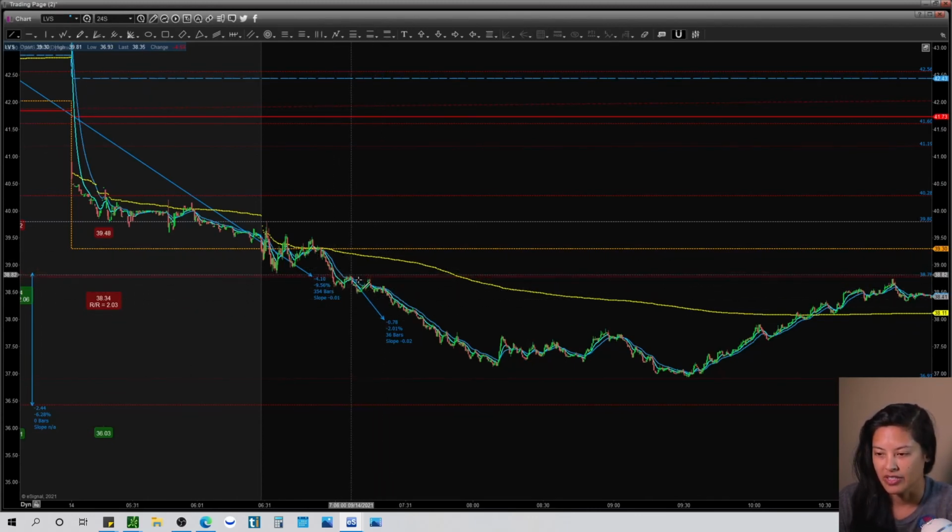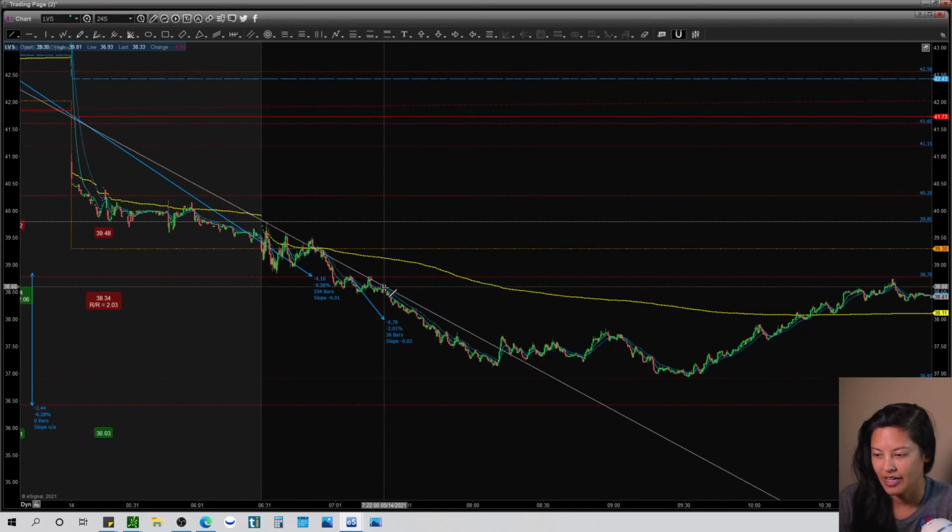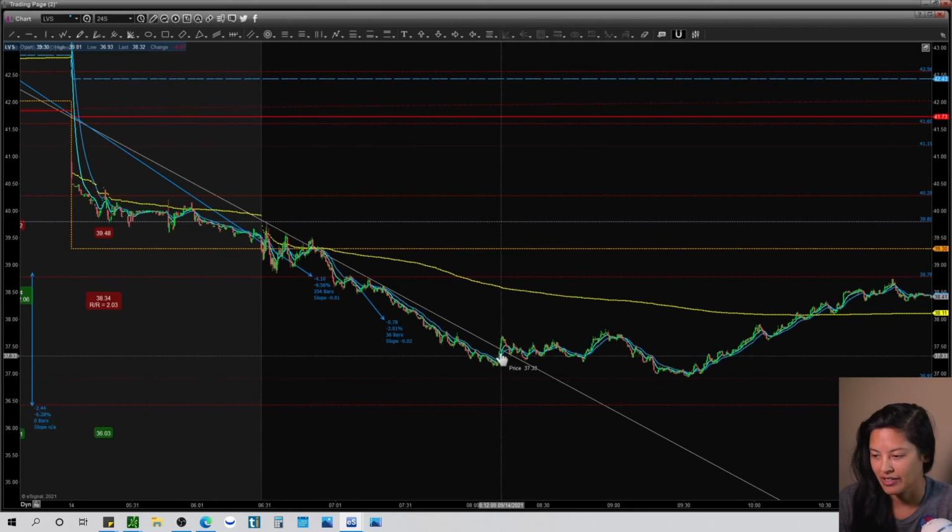So under this line here, you would take this high, connect it to the next high, and when it breaks this line here, this white line, that could be a good indicator of exiting your position, because this could actually potentially head back up to this pivot here, which it actually ended up doing.